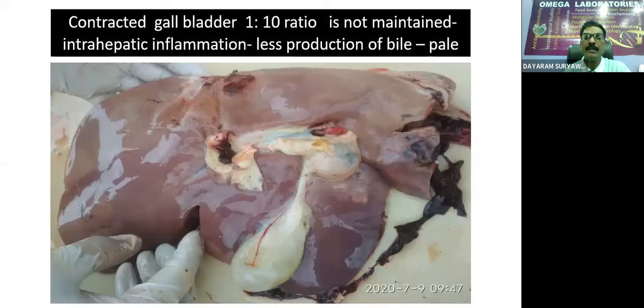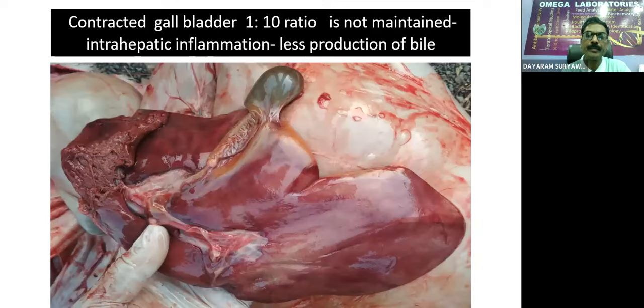Again, here you can see a very contracted gallbladder having pale or white colored bile. So again, it indicates that there is an intrahepatic injury, intrahepatic inflammation, that may lead to pressure over the bile canaliculi, so it will not produce that much bile, and that's why whatever material is there in the gallbladder is of pale color, and the whole gallbladder looks contracted and white in color because of fibrous connective tissue proliferation.